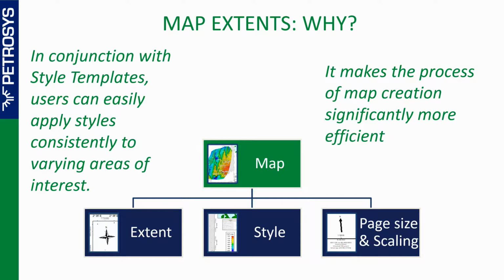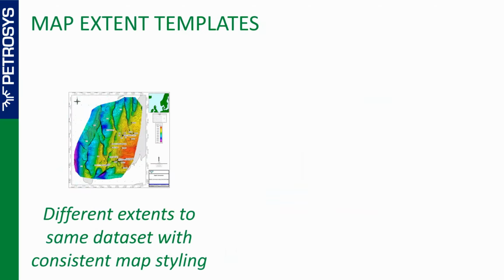In that way you make the process of map creation significantly more efficient because you are saving a lot of time by just selecting an extent template and a style template.